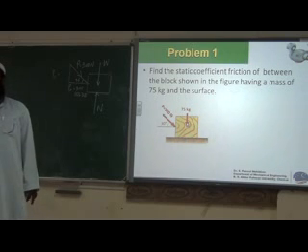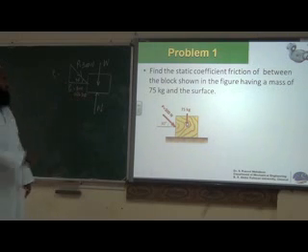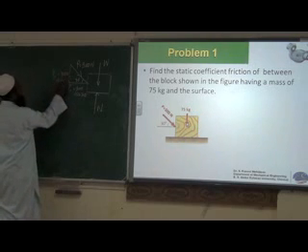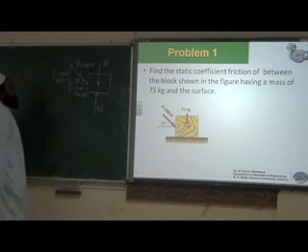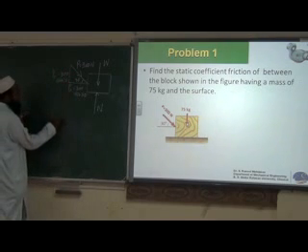This side. What is the value of Py? 300 sin 30. Is it correct?